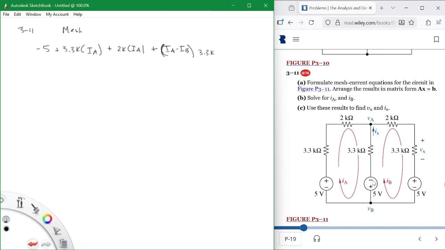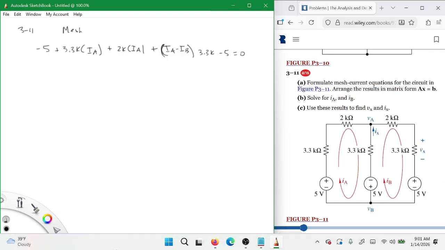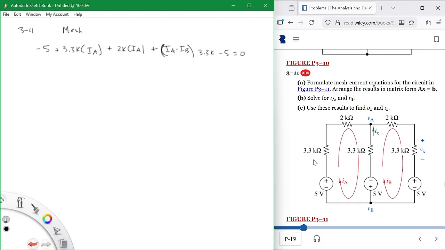And do I write this as a minus or a plus? I write it as a minus. Equals 0. So I've got minus 5, 3.3K times IA, 2K times IA, 3.3K times IA minus IB, minus 5 equals 0.